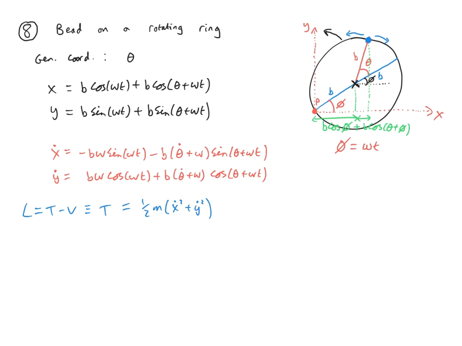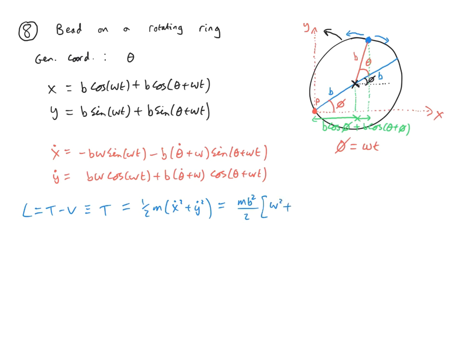What I will find is that I get a bunch of cos squareds plus sine squareds, and as a trigonometric identity, we know that cos squared plus sine squared is equal to 1 for any angle. And so let me just write down the simplified result. You can check this yourself.